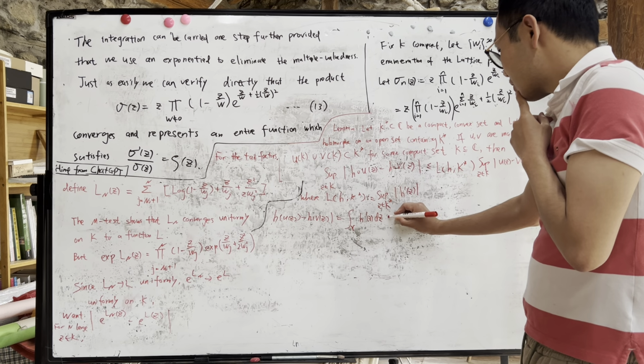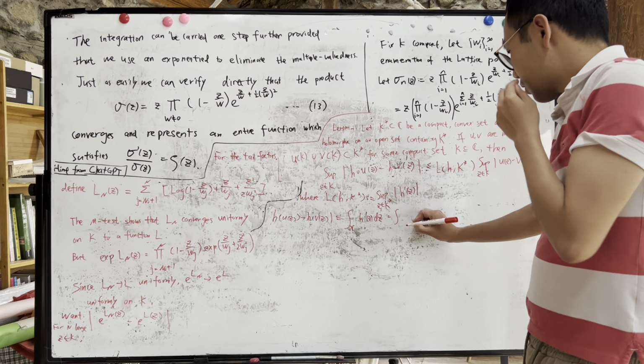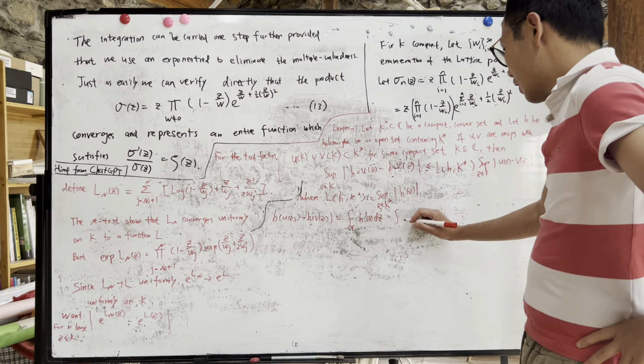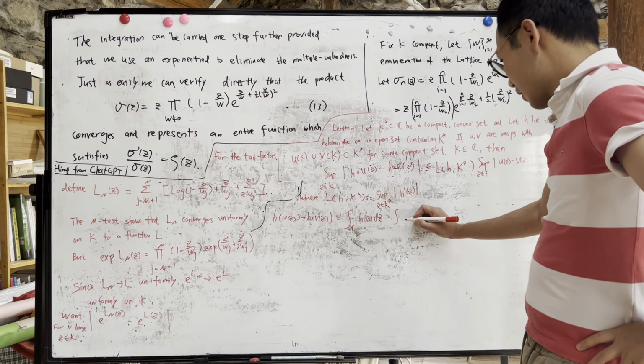Let me check this one. So this is equal to the integral, where t goes from 0 to 1, of H prime of gamma t times gamma prime t dt, right?